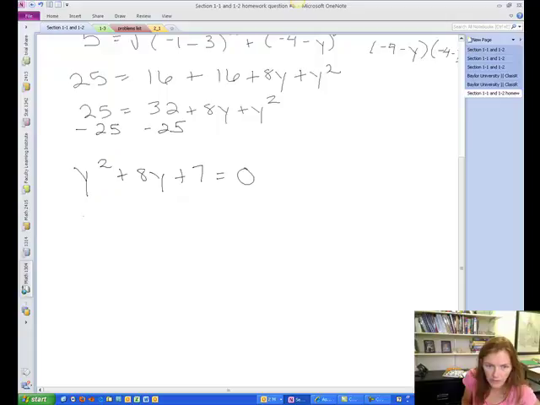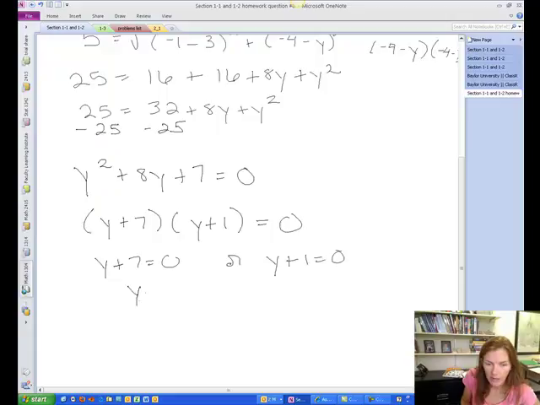Now this actually factors. I can write this as (y plus 7) times (y plus 1), because when I FOIL that, I get y squared, and then 1y, 7y, 1y and 7y makes the 8y, and 7 times 1, of course, is the 7. So then I set each of my linear factors equal to 0, and I get y plus 7 equals 0, or y plus 1 equals 0.